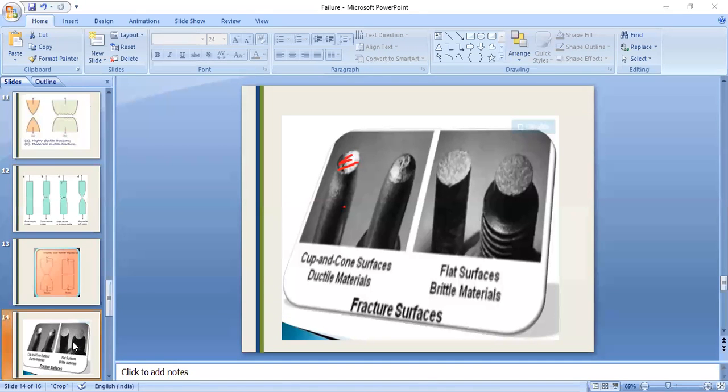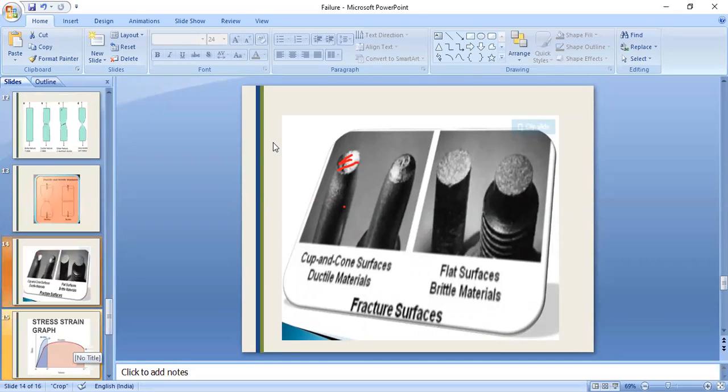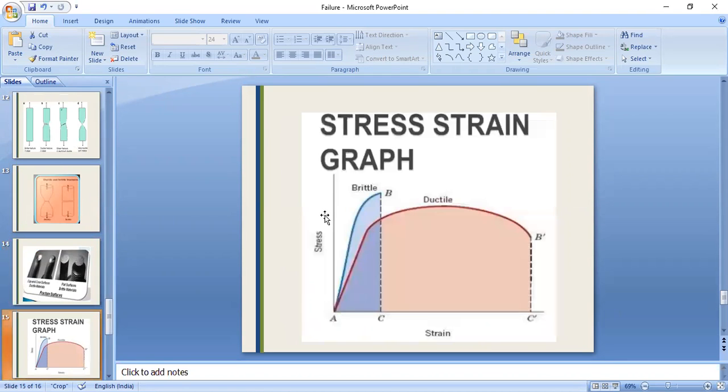So next, this is the important one: the stress-strain graph. Here is the stress axis, and this is the strain. This graph is for any material which undergoes sudden fracture.